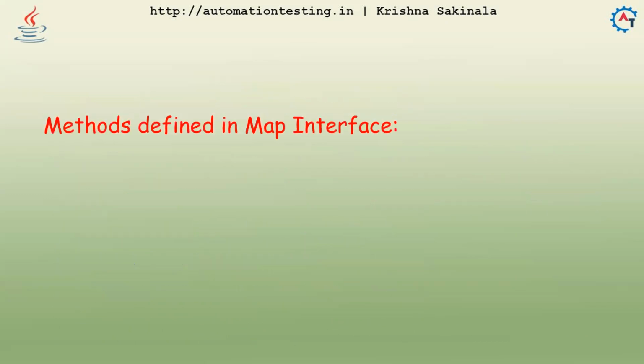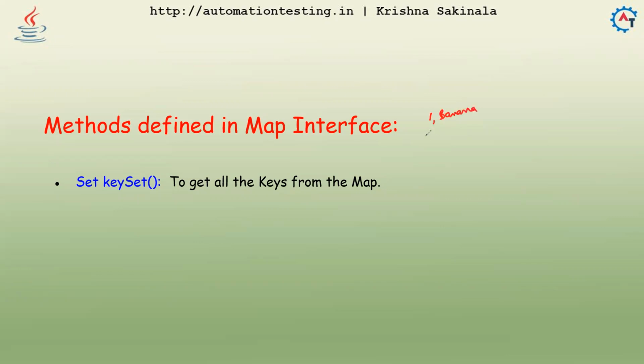We have some other methods also, like Set keySet, to get all the keys from the map. How it will be like, let's assume you have something like 1 banana, 2 apple, 3 mango.